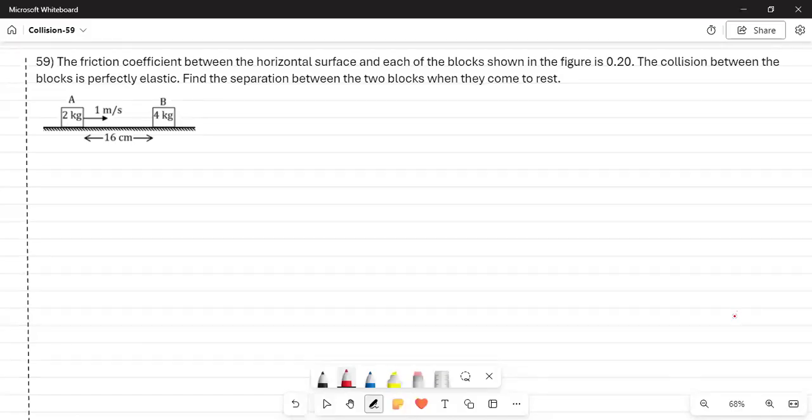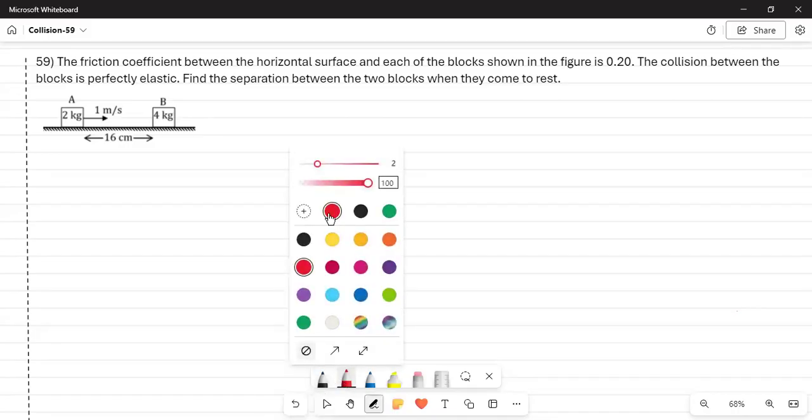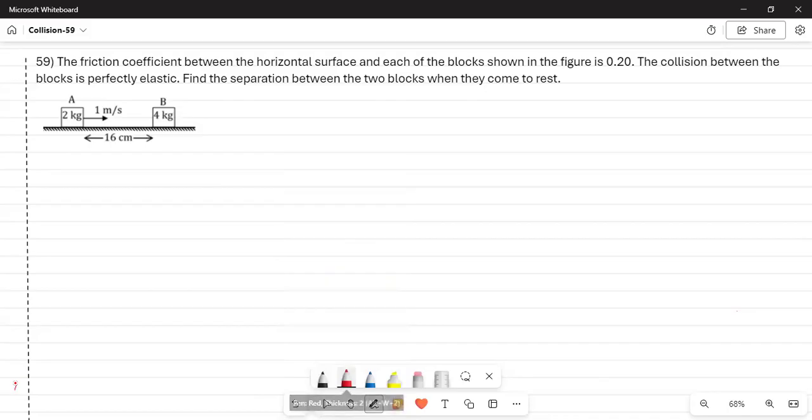Let us now take problem 59 of your textbook, Concepts of Physics by C Verma. The figure is very clear. There is a body of 2 kg here, and a body of 4 kg here. Body A moves towards body B with a velocity of 1 meter per second.